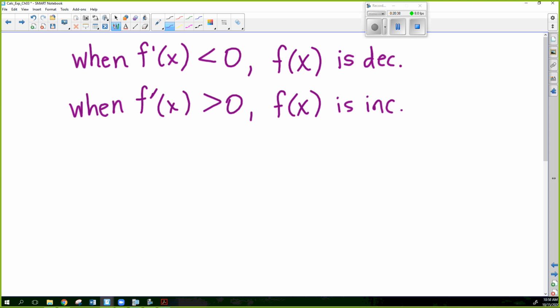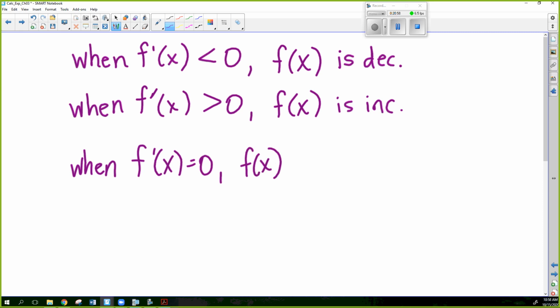What if I'm just saying negative and positive? What's between negatives and positives? When the derivative was equal to 0, what was happening on f? It has a relative extreme.